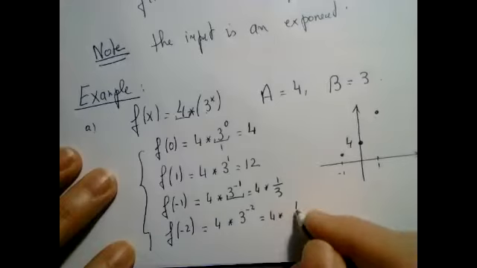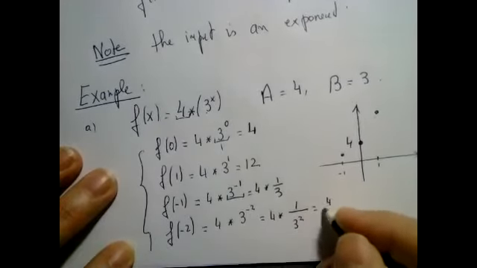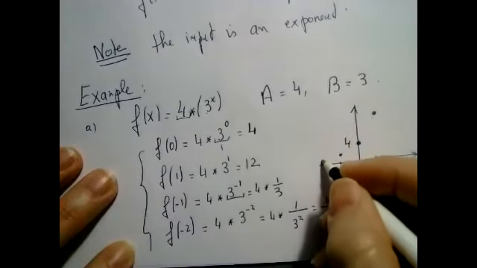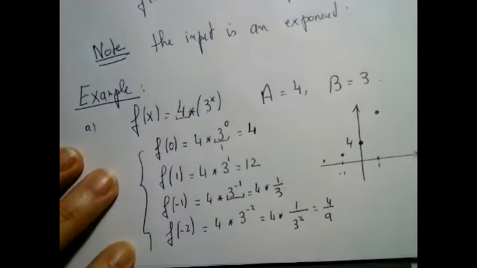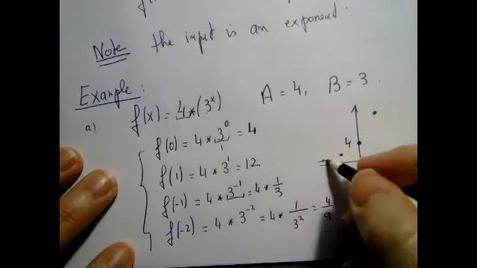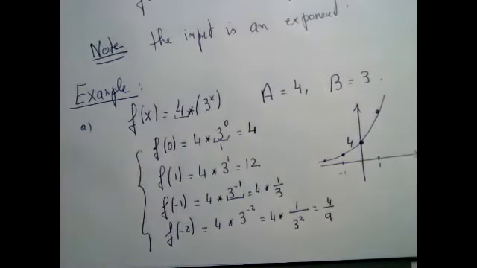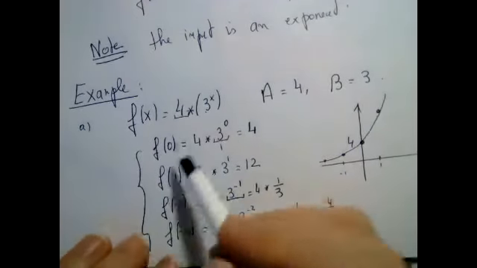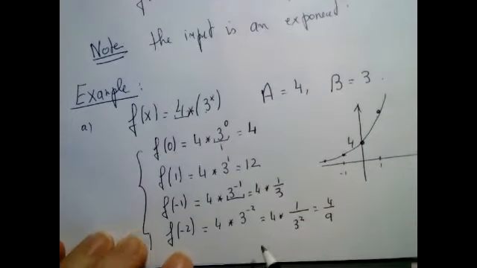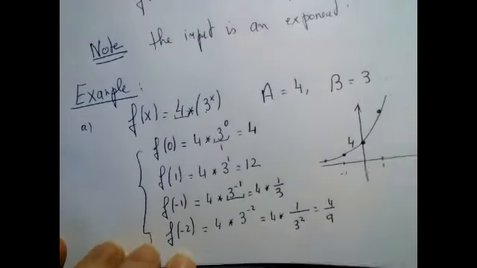It means 1 over 3 squared, which is 4 over 9. 4 over 9 is somewhere in here. So if I keep going and I sketch all the values, I'm going to have some type of a graph that looks like that. So this is how we evaluate. The unknown is the exponent, is the power. Hence the word exponential.